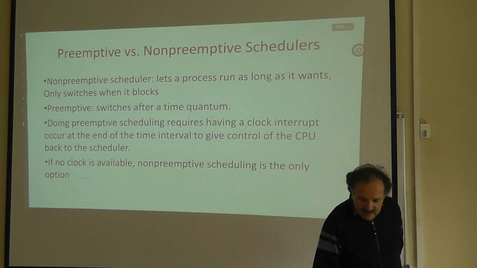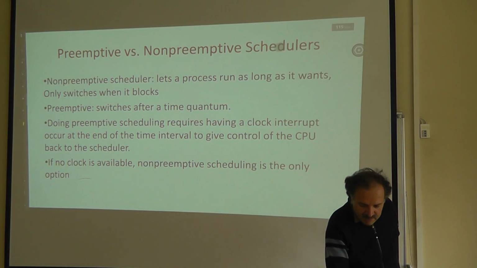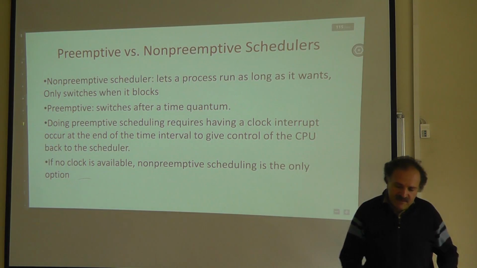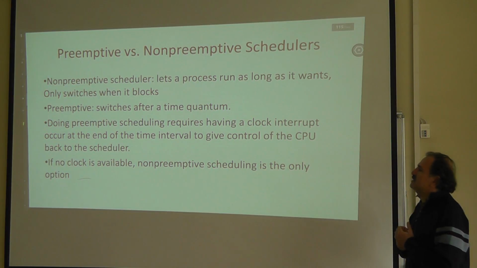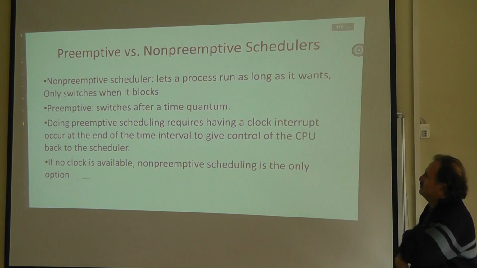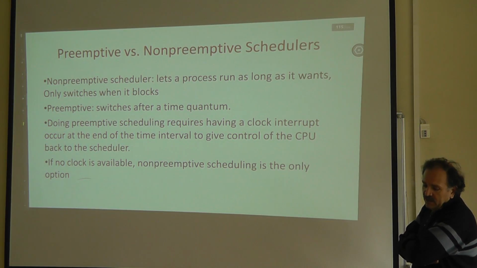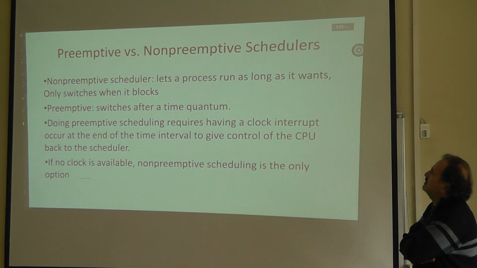Okay, let's look at a few scheduler types. Preemptive and non-preemptive schedulers. Okay. Actually, we talked about this some time ago, but you might remember this. In a non-preemptive scheduler, it will let the process run as long as it runs.